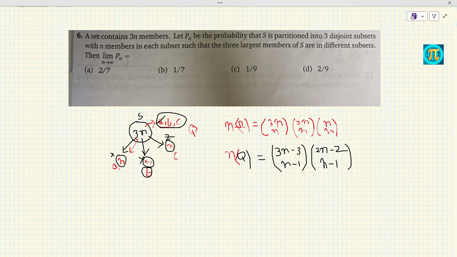So for each of the combination of 3n minus 3 c n minus 1, we are getting 2n minus 2 c n minus 1, so we are going to multiply it.